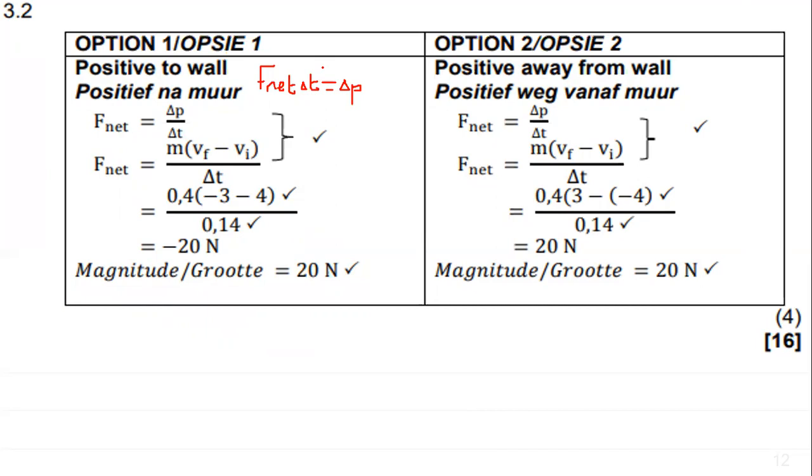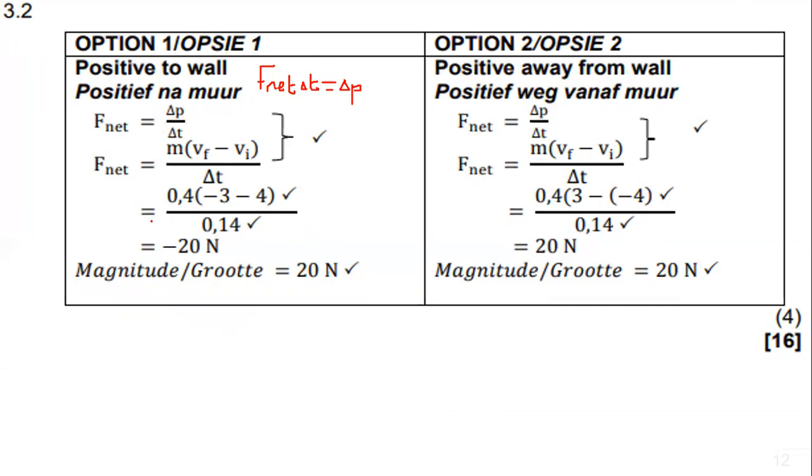You just work it out at the end, which is the F net that you are looking for. So if we know that F net is delta P over delta T, then we break it down further, then we'll say F net is equal to, remember delta P is MVF minus MVI divided by delta T.